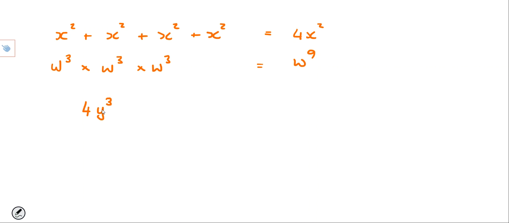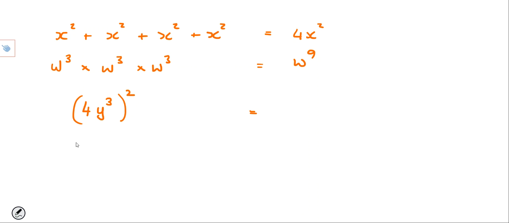4y cubed, squared. So would it be 8? Not quite. Oh, wait. It would be 4y to the power of 5? Would it be 10y? Would it be 8y to the power of 6? No. What does squaring mean again?